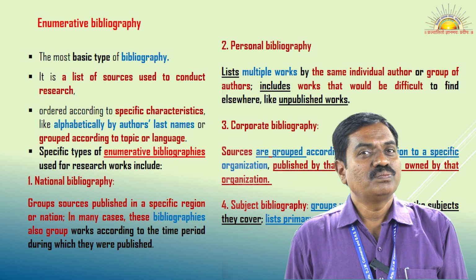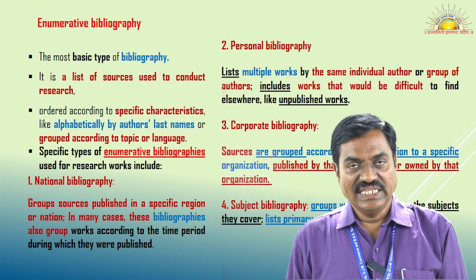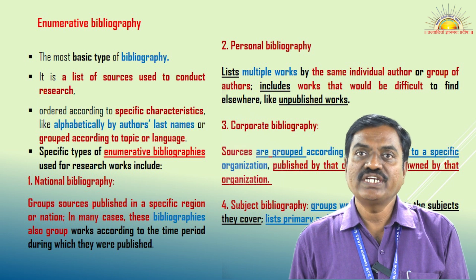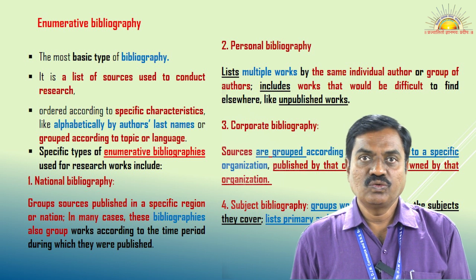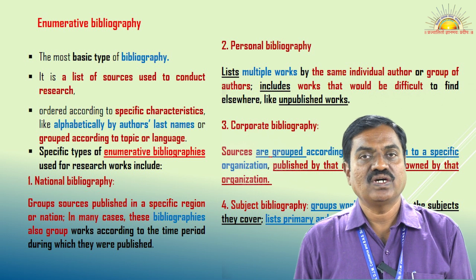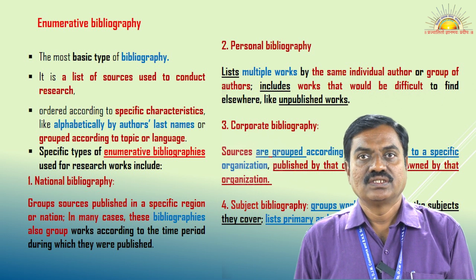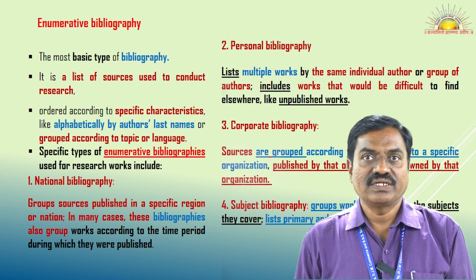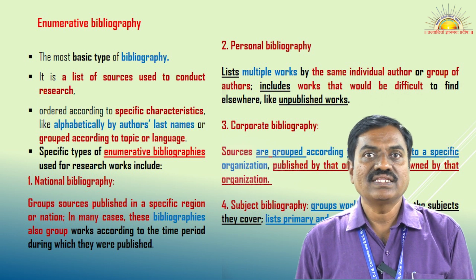The third type of enumerative bibliography is corporate bibliography. In a corporate bibliography, the sources are grouped according to their relation to a specific organization. The sources can be about an organization, published by that organization, or owned by that organization.